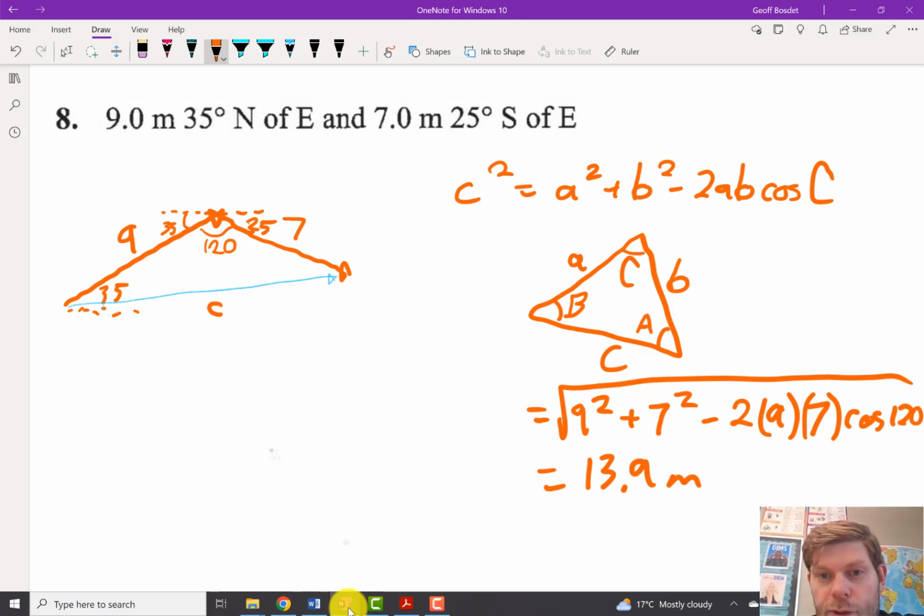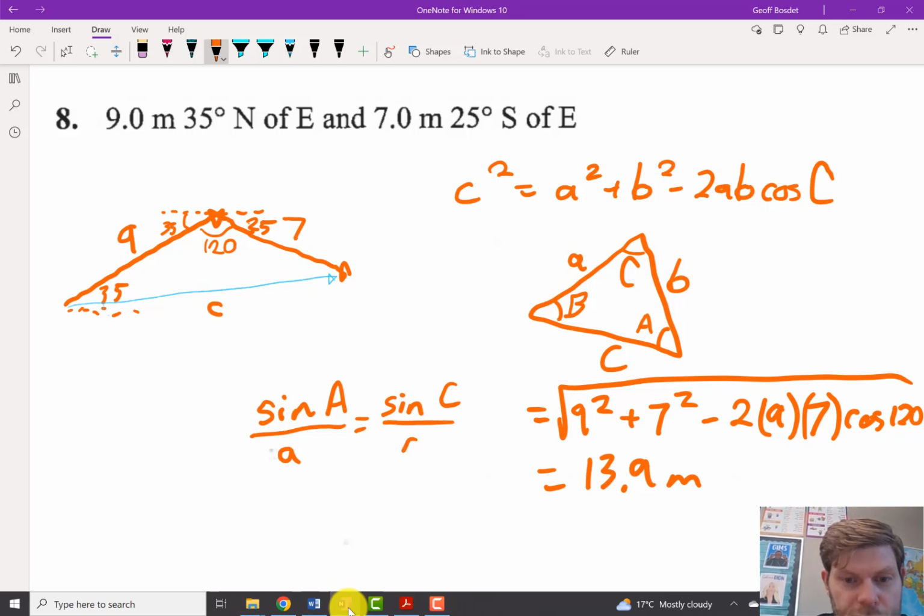But to do that, we can use our sine law, which says that sine of some angle divided by the side opposite it is equal to the sine of any other angle, in this case, I'm going to go with C, divided by the length of the side opposite it. The ratio of sine of an angle to the side opposite is the same for every angle and opposite side in the triangle, which is kind of cool, kind of weird.